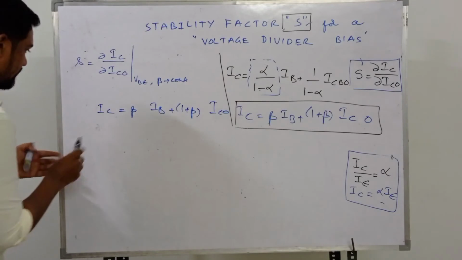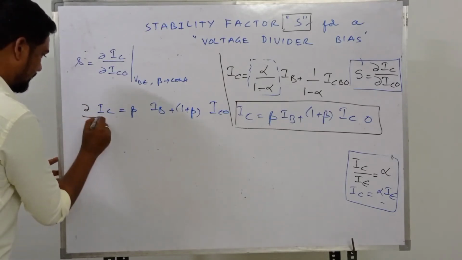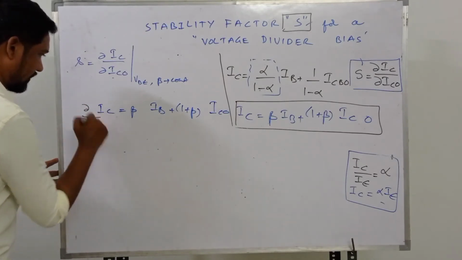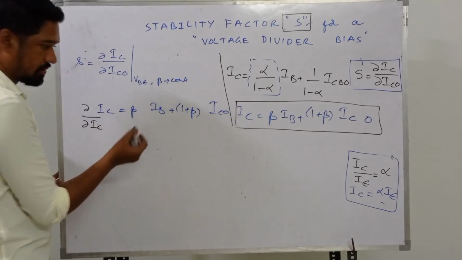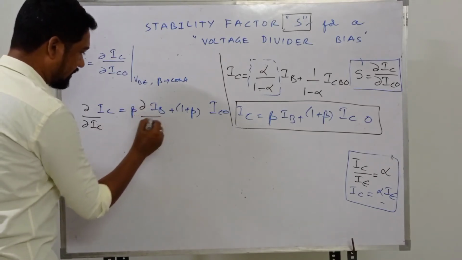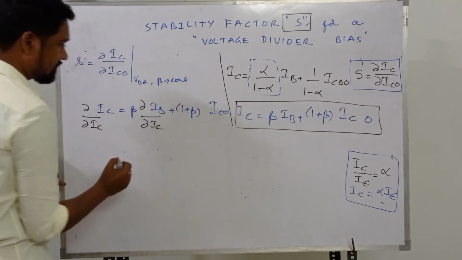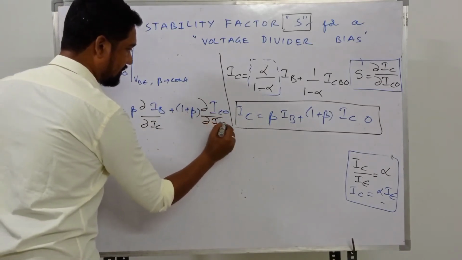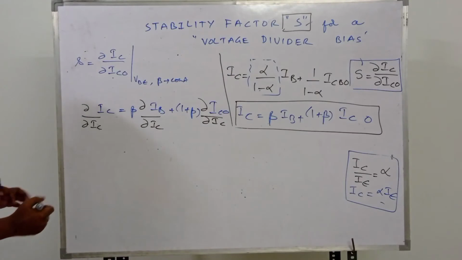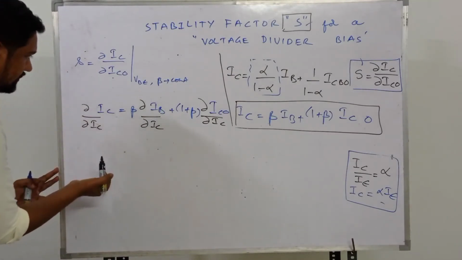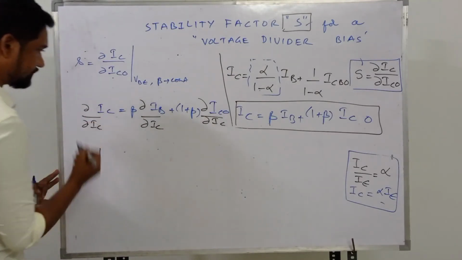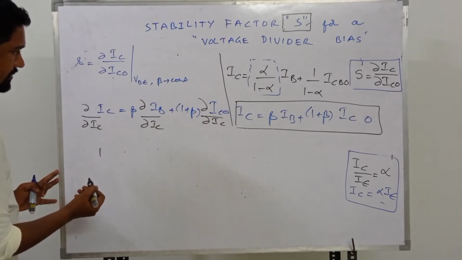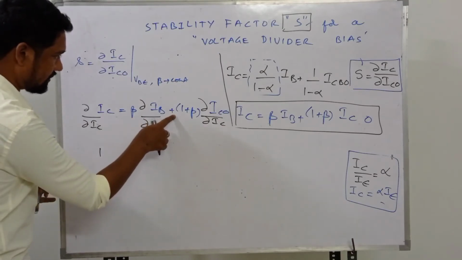So what we go for is ∂ by ∂IC of this one, it's a constant, right? So ∂IB by ∂IC, right? And it's a ∂ by ∂IC, right? So what is this? It's a 1, and what else? It's a positive this side.